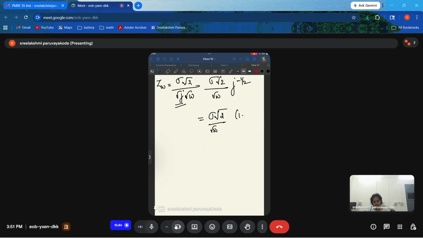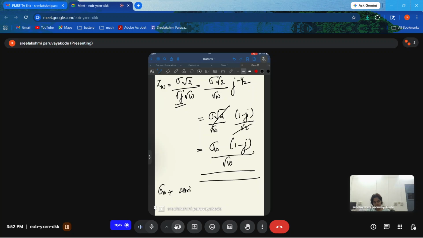As 1 minus j. So sigma w, you can write in terms of Warburg like that. You write omega super subscript. This is the expression where sigma w is the semi-infinite Warburg.